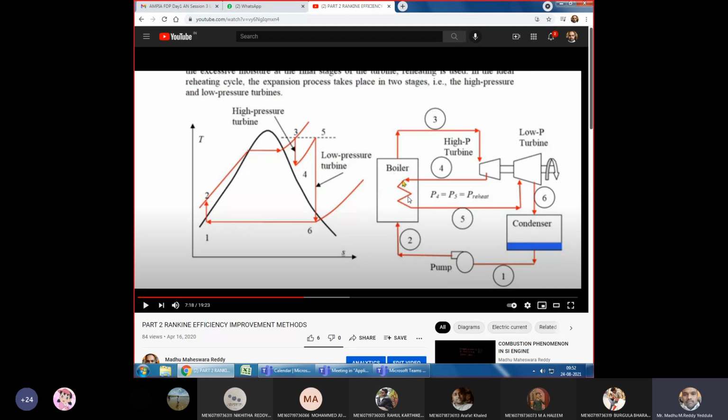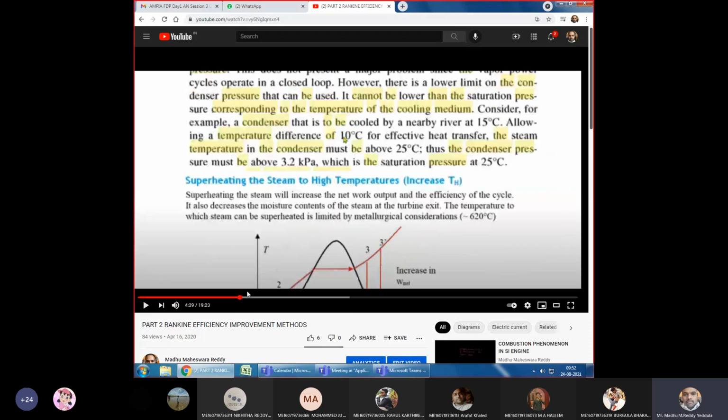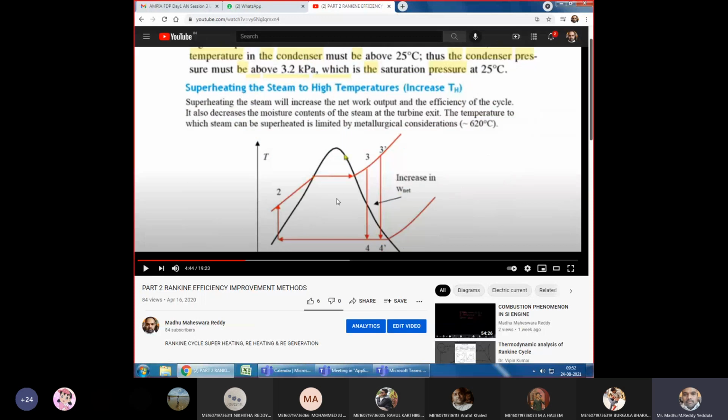In the first case, if you decrease the condenser pressure, what is happening? The area of the diagram is increasing.